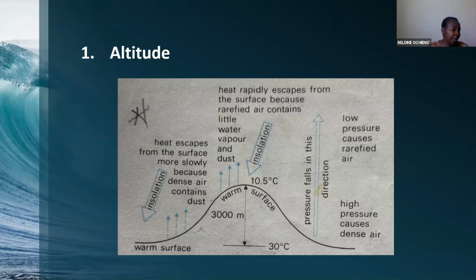And on top of this barrier or hill or mountain, it is 10.5 degrees Celsius. Then we have mentioned that low pressure causes rarefied air. High pressure causes dense air. Hopefully, we are understanding that.